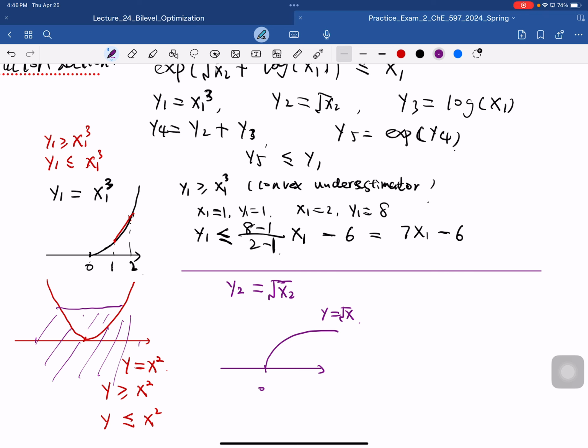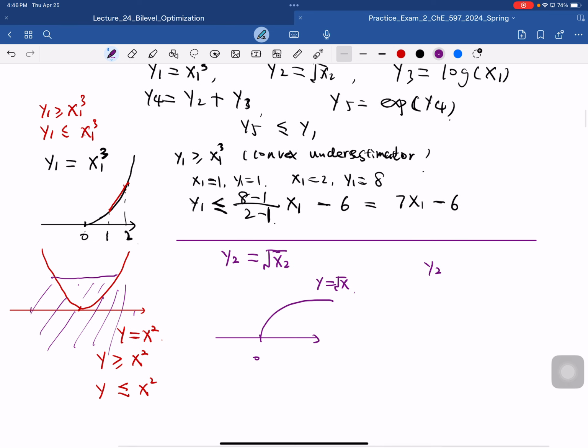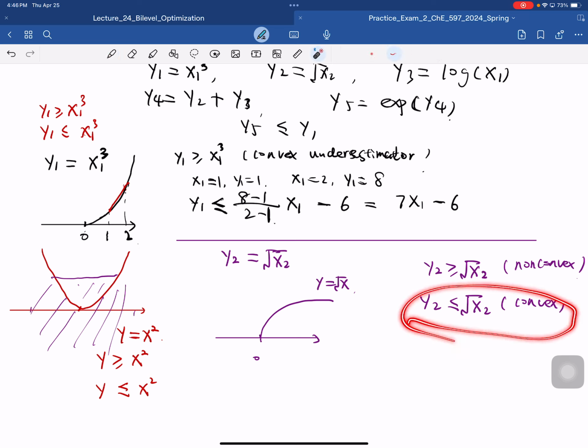You need to come up with a convex relaxation. So similarly, if you write it as two directions, y2 greater than or equal to square root of x2 and y2 less than or equal to square root of x2. So the second part is convex, right? This constraint is non-convex, right? In other words, the overestimator is a concave function, so this region is convex.